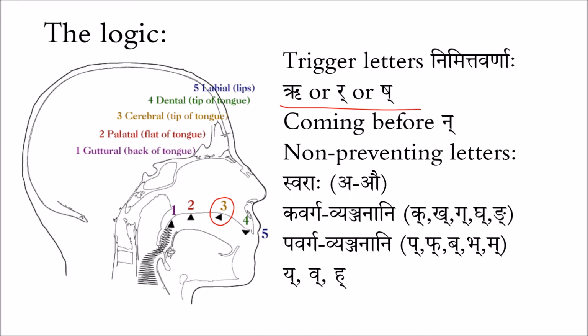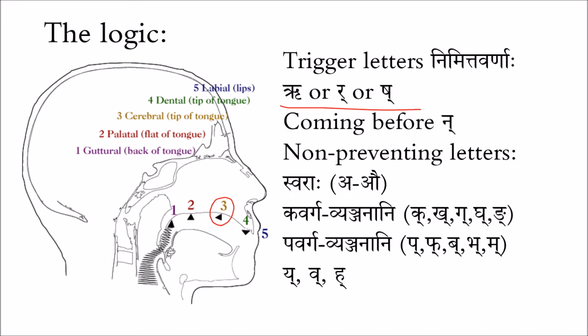Now note that for the murdha, how is the tongue positioned? Because when we are pronouncing different letters at these different positions, that is 1, 2, 3, 4, 5, the jihva, or the tongue, is positioned or shaped differently. So if we are pronouncing the kantha varna, that is number 1, ka, kha, ga, gha, nga, the position is normal.